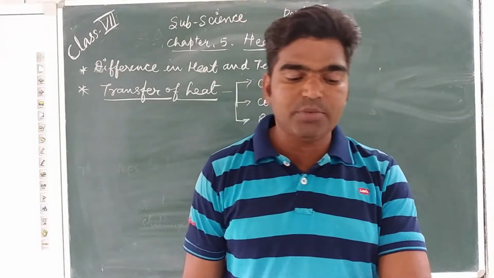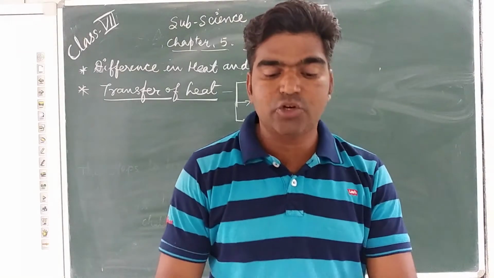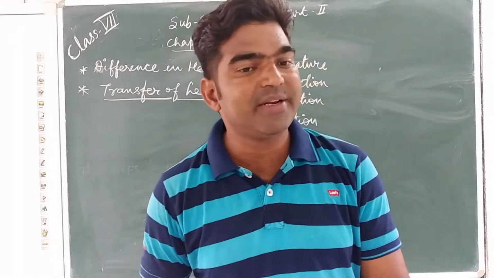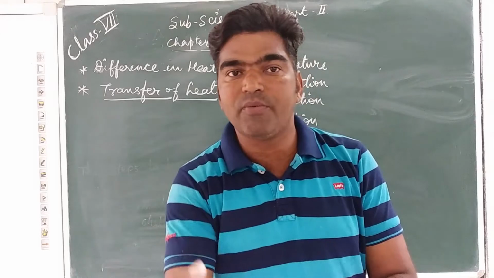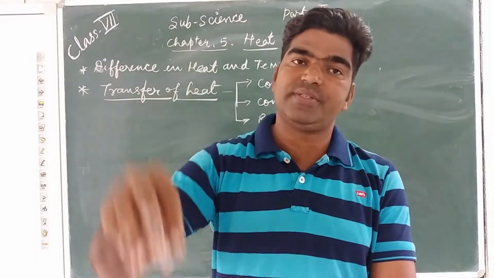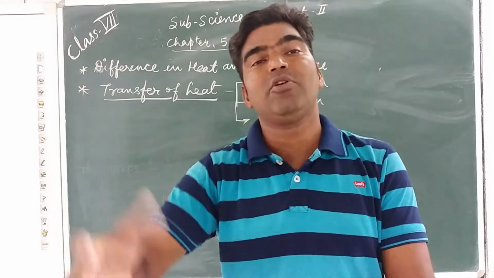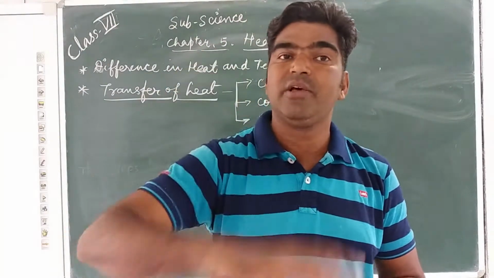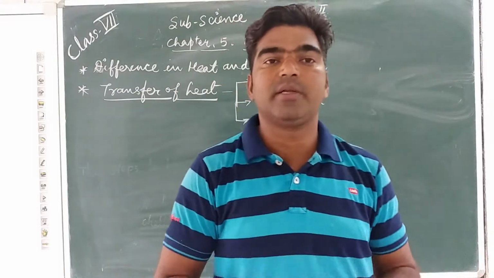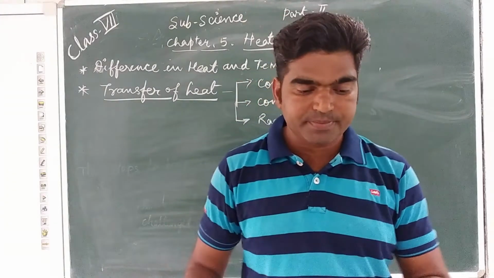So the bottom part of the vessel is in contact with the fire. After some time the top layer of the water also gets heated up. Why is it? Because the molecules of water at the bottom move upward, और वो एनर्जी को, हीट को नीचे से ऊपर पास करते हैं. तो इस तरह से पूरा साइकिल continuously going on, and that whole water that remains in that container becomes hot.